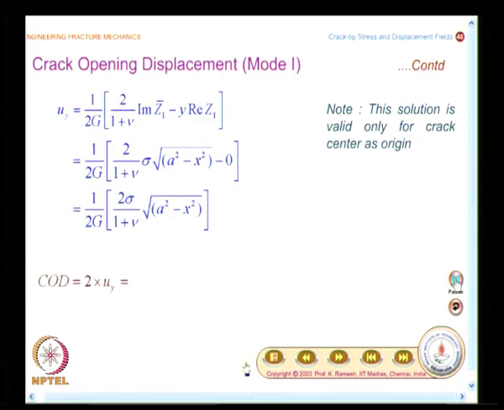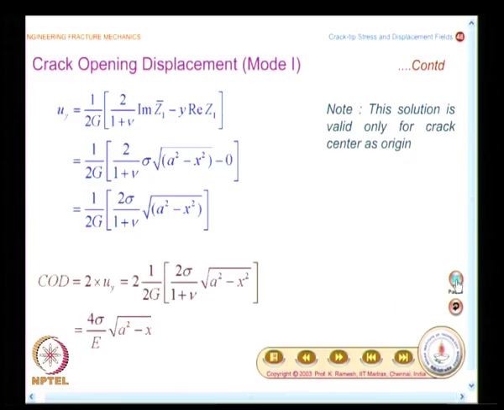When I substitute this, I get COD equal to 4 sigma divided by E root of a squared minus x squared. What does this equation convey to you? Getting a COD as 4 sigma divided by E root of a squared minus x squared, we have achieved.